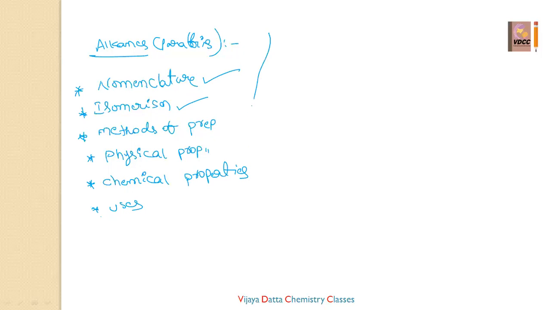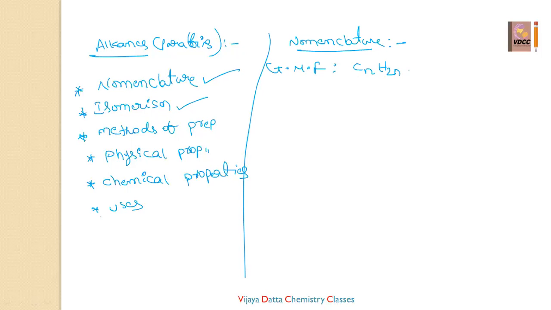Let us see the nomenclature of the alkanes. Already we know the nomenclature. What is the general molecular formula for alkanes? The general molecular formula of alkanes is CnH2n+2.